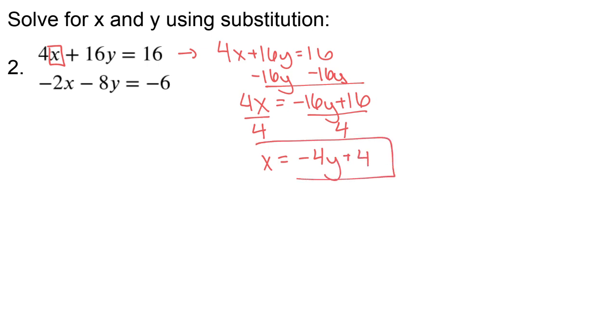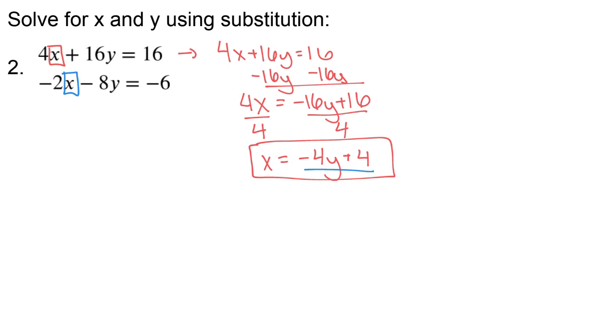And there is that guy all rearranged for x by itself. So we are saying when we write that x is the same thing as negative 4y plus 4, which means wherever you see an x over here, we could put this in the same spot.